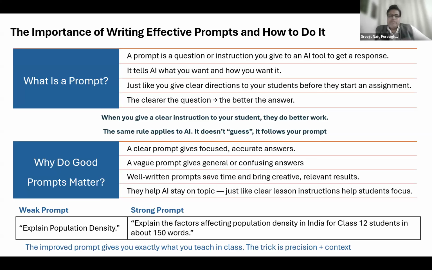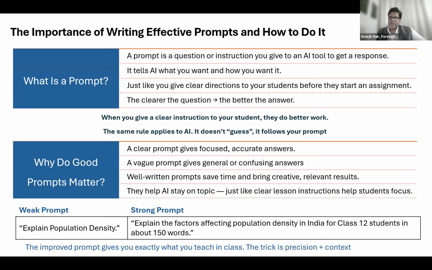A weak prompt here is: explain the population density. A strong prompt can be: explain the factors affecting population density, because explain population density is just saying in general. For where, what kind of response are you looking at? Is it a shorter response, how many words, nothing is mentioned here. A strong prompt can be: explain the factors affecting population density in India, for whom, and in how many words.